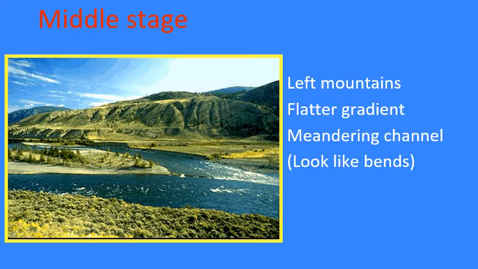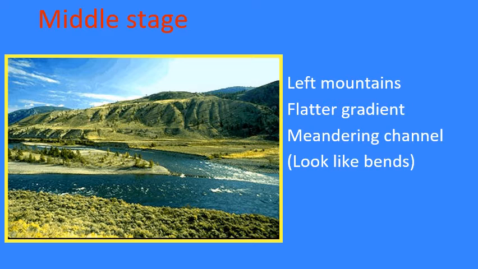This means that the river has left the mountains and it is now flowing along a flatter gradient. Grade 11, listen to my words. I'm not saying it's flowing along a flat gradient. I am saying it is flowing along a flatter gradient than it previously was.